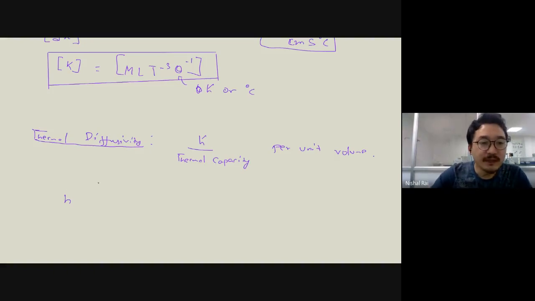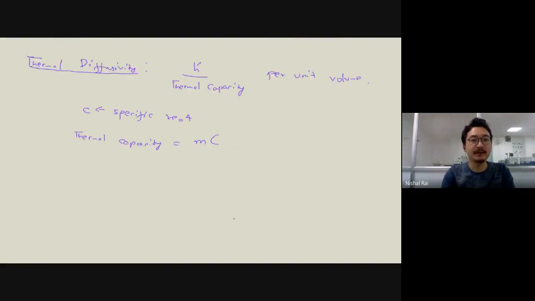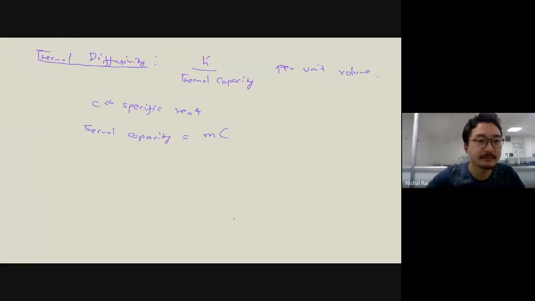Now, if the specific heat is given, what we used to write for specific heat is C. C used to give you the specific heat. And to get the thermal capacity, what did you used to do? Thermal capacity was given by mass times specific heat capacity.